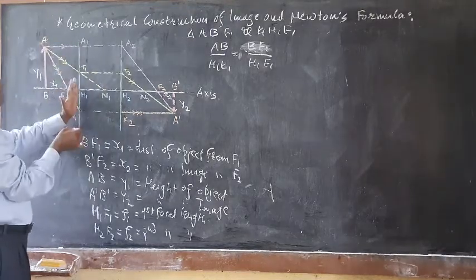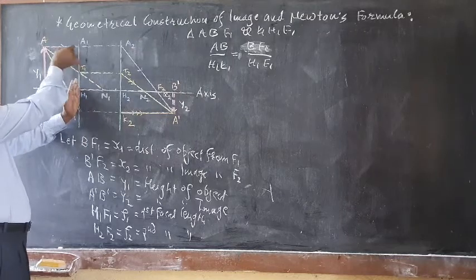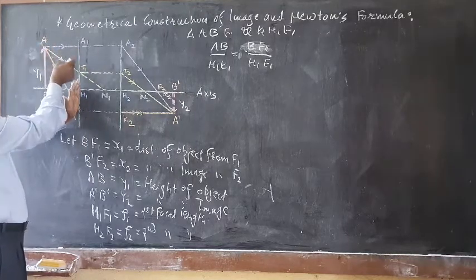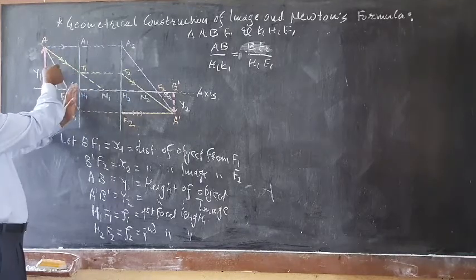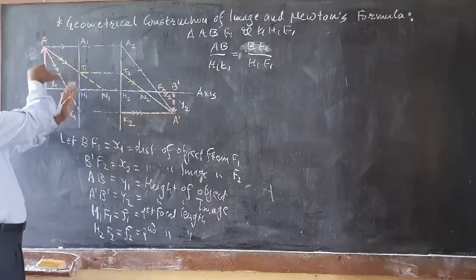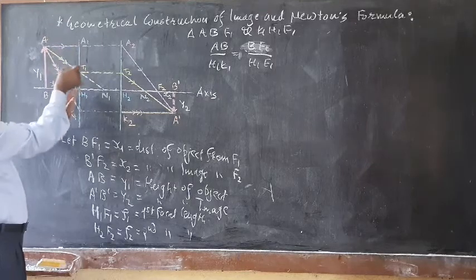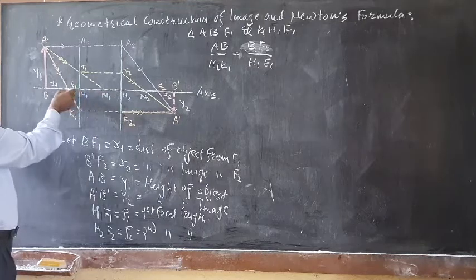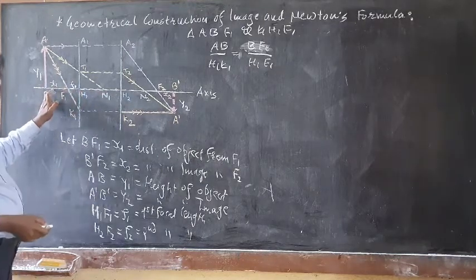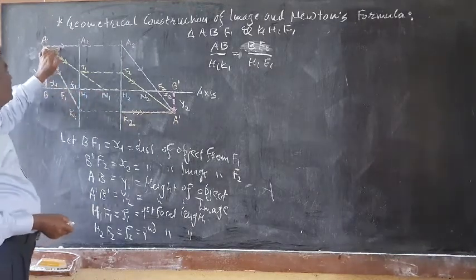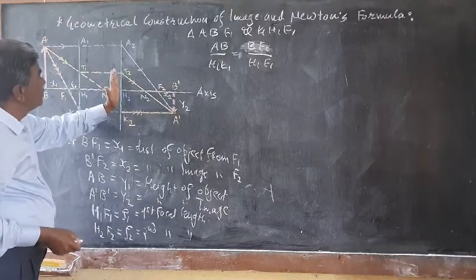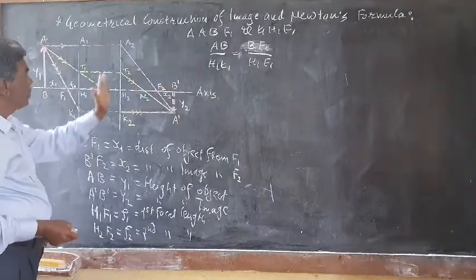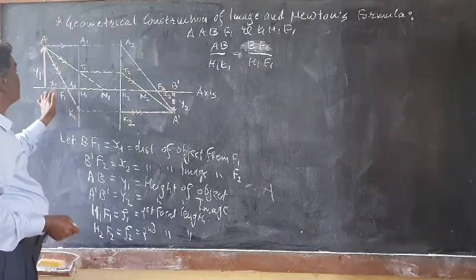The distances which are measured in the direction opposite to the direction of the light, that is, opposite to the incident direction from the origin, can be regarded as negative. And the distances which are measured in the direction of the light from the origin can be taken as positive.